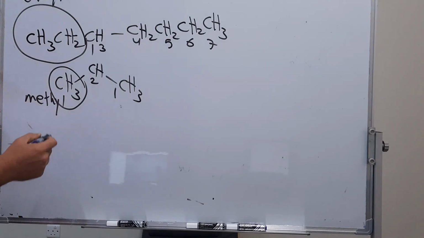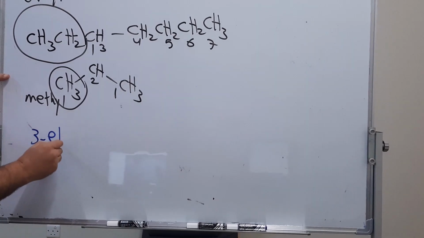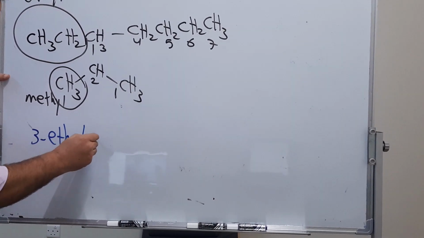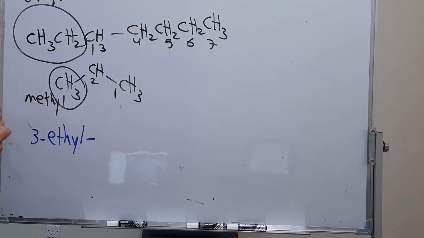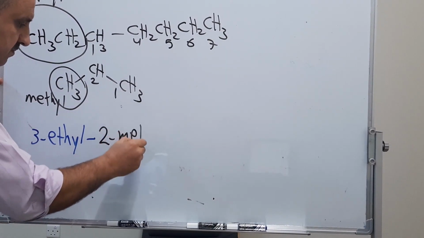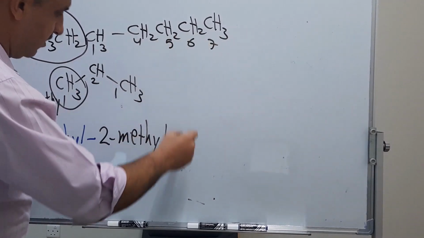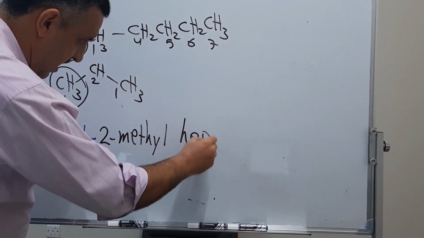So the full name in this case will be 3-ethyl, then 2-methyl, then the longest chain, heptane.